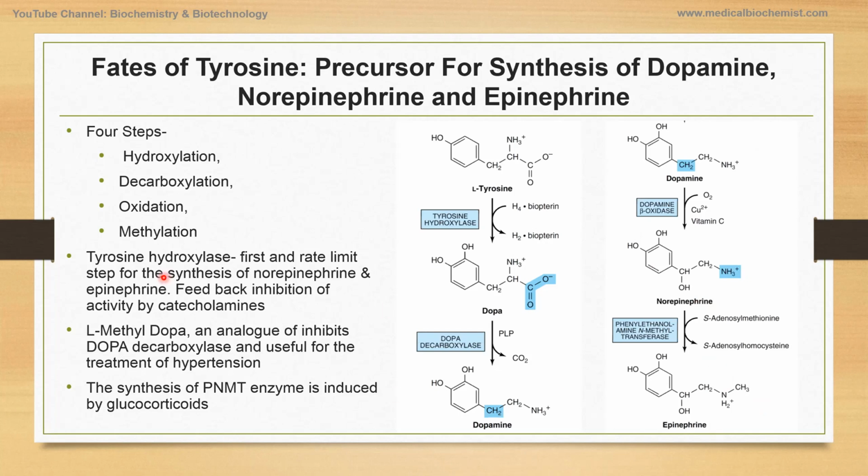The first step, tyrosine hydroxylase, is the rate limiting step for the synthesis of norepinephrine and epinephrine. And the other enzyme, PNMT, is also responsible for regulating the overall synthesis, and it is regulated by glucocorticoids.